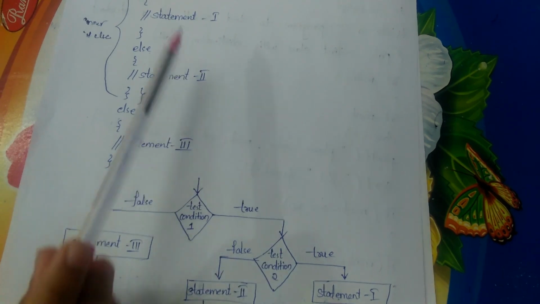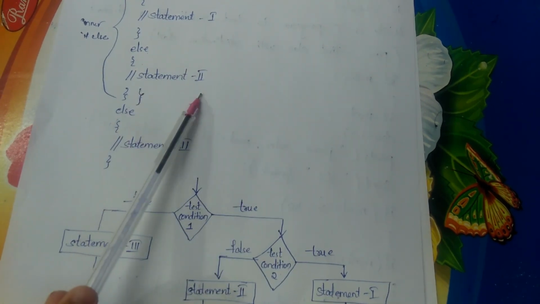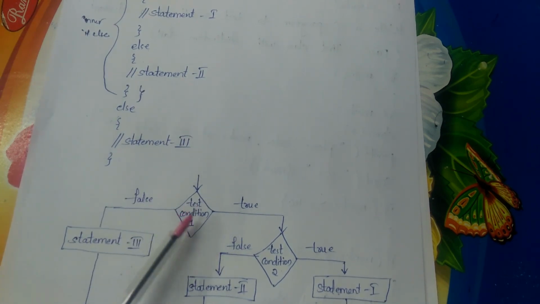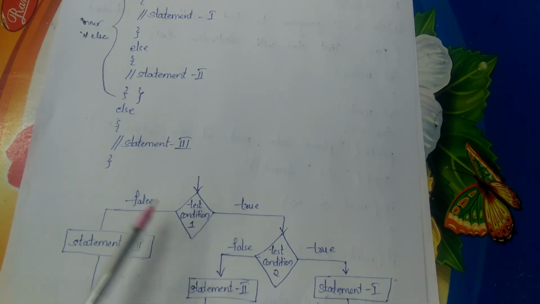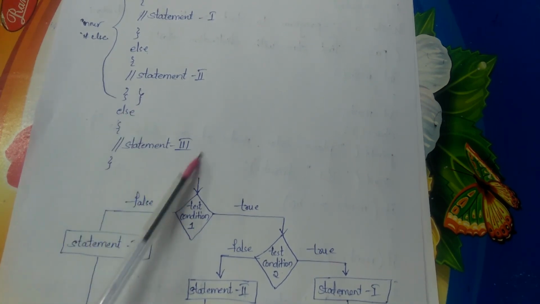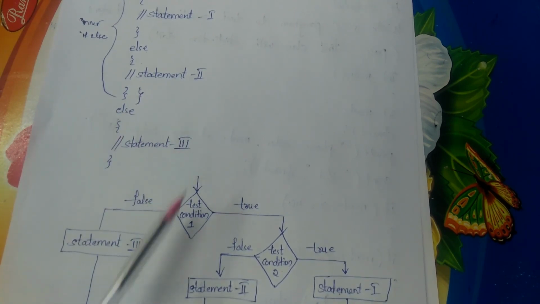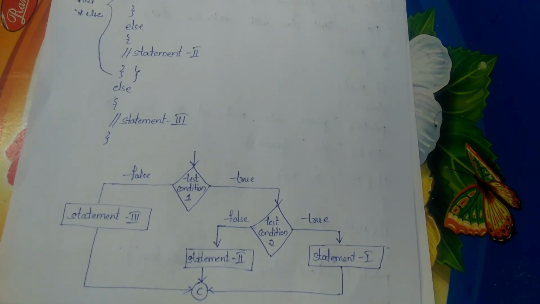Whenever it is true, statement 1 will be executed. Whenever it is false, statement 2 will be executed. And one more, for the test condition 1 we also have false. When this test condition 1 is false, the statement in the else, that is statement 3, will be executed. So this is about the nested if else.